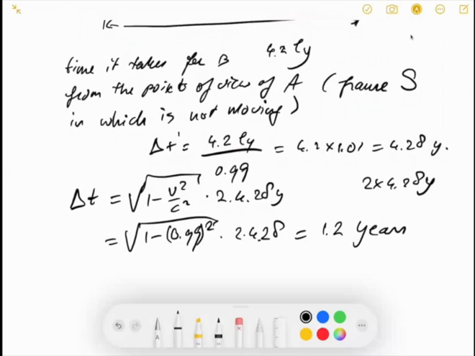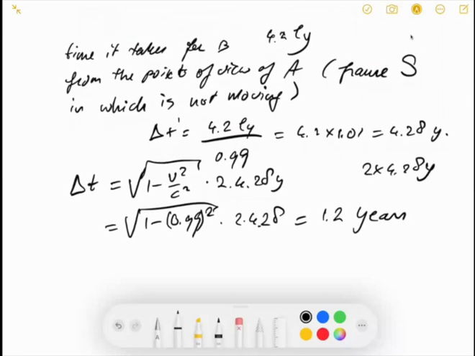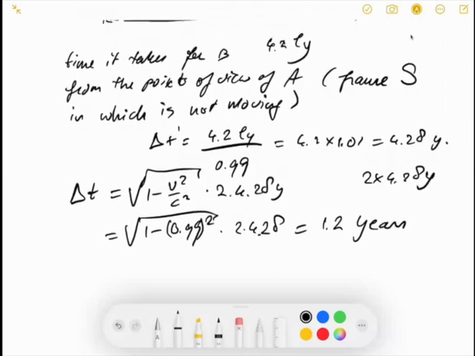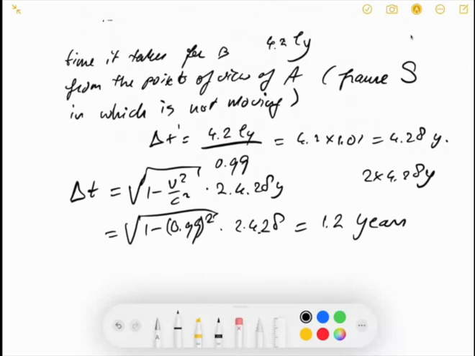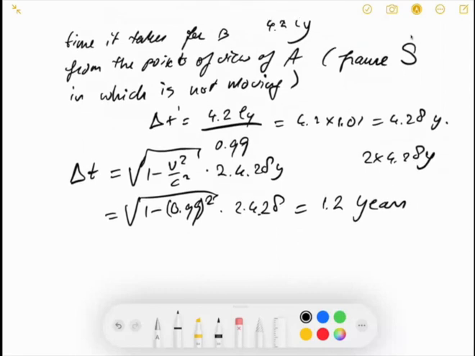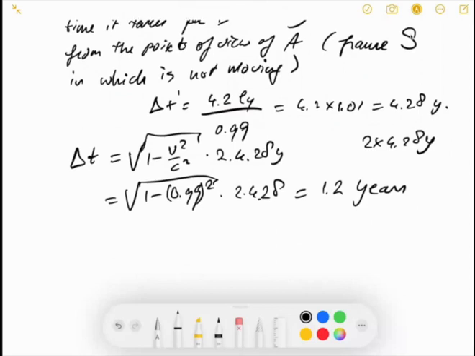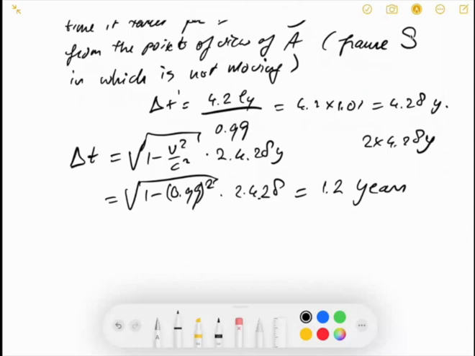Now, there are a couple of subtleties to this. First off, why did we assign delta t prime and delta t the way we did? Well, delta t is always used in these kinds of cases in a frame of reference for which two events are occurring in the same frame, right?